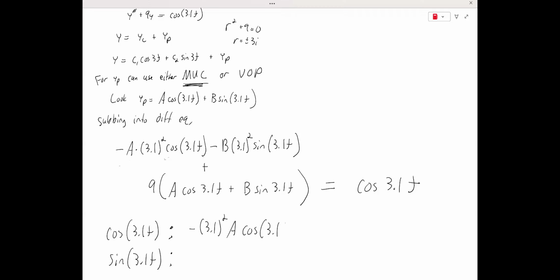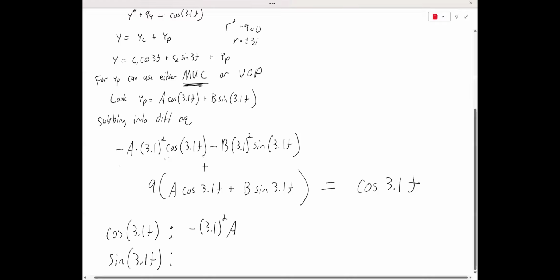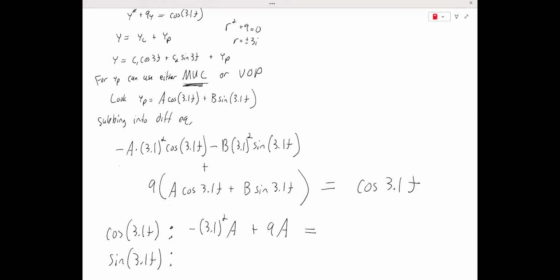I'm just comparing coefficients. And then there's another one hiding here. If I distribute this, I get 9a as well. So that's the coefficients on the left for the cosine 3.1t.